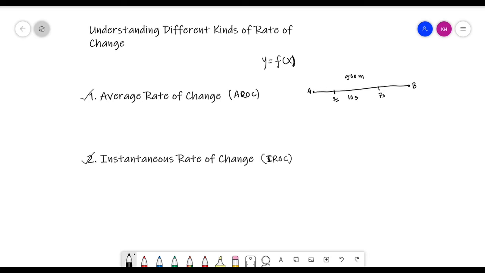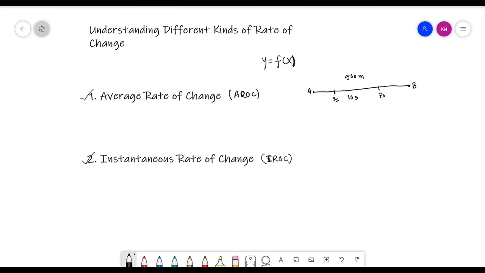In a future lesson, we're going to learn how to find this average rate of change. But for now, just understand what the average rate of change is. So I'm just going to conclude by saying that the average rate of change is the rate of change over an interval of time.